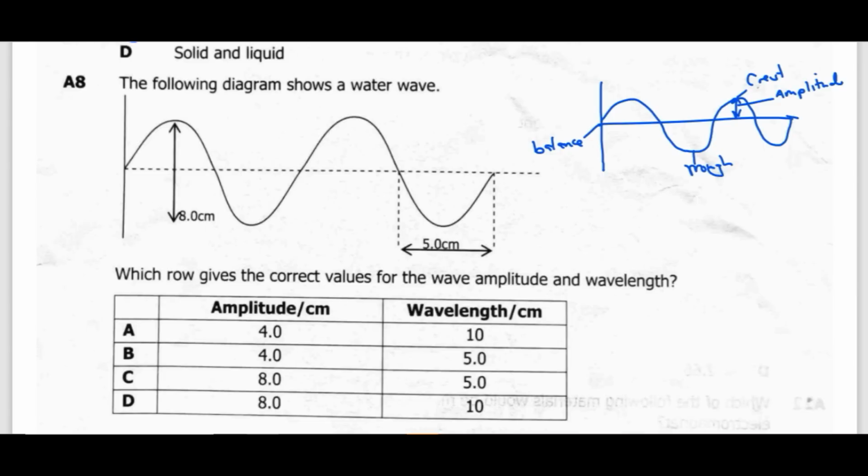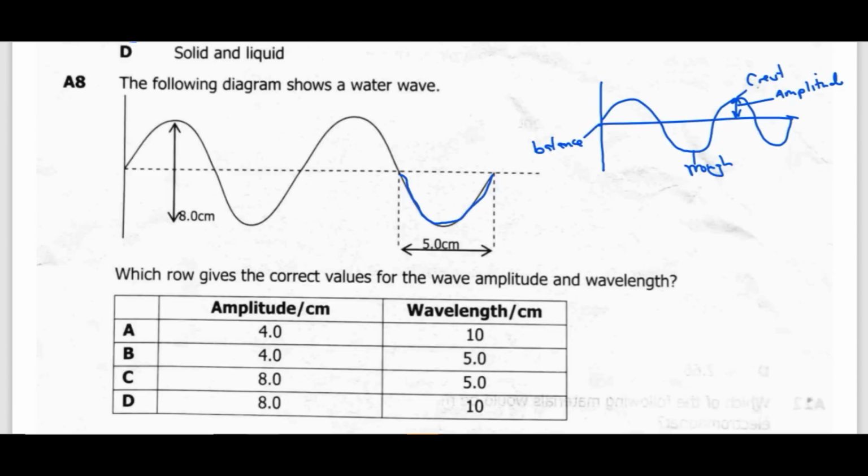And when we move, this is 5 centimeters. Which row gives the correct value for the wave amplitude and the wavelength?